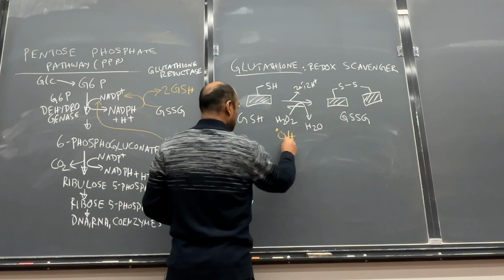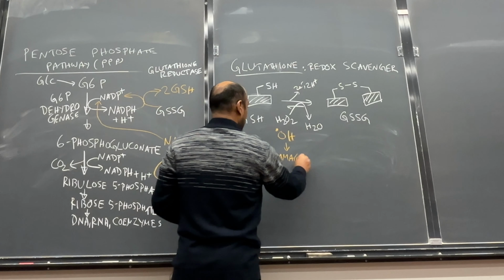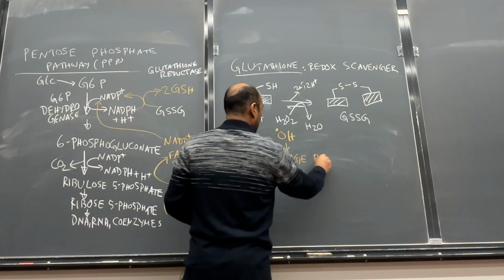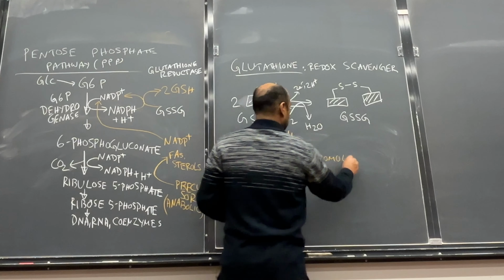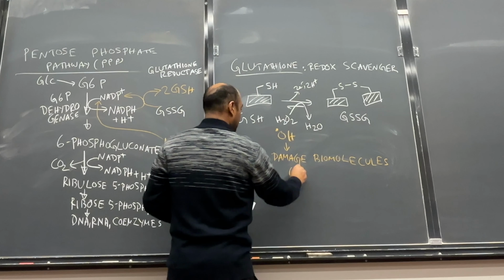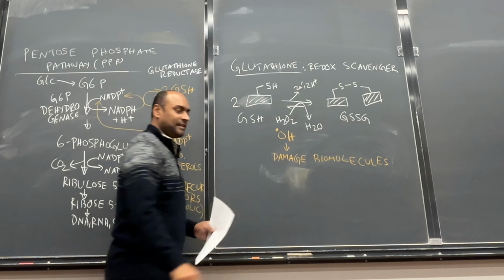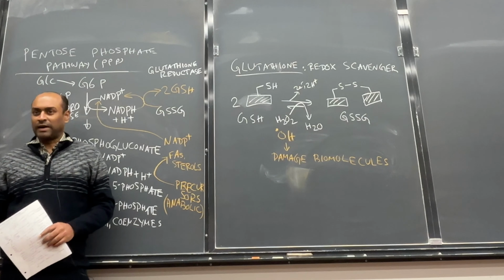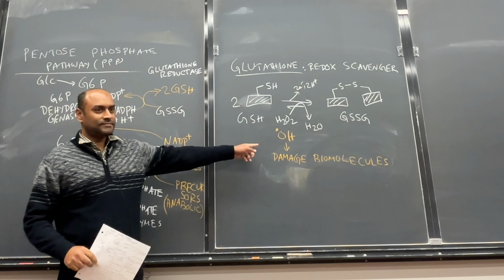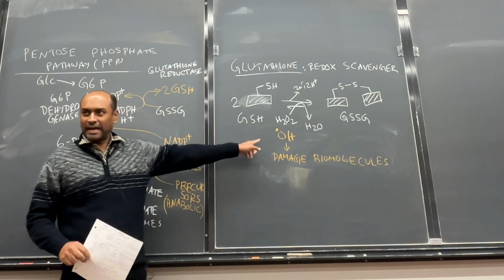And what they can do is they can damage your biomolecules. So DNA, RNA, everything, like I don't even have to write. Anything that comes in their path, they will oxidize, right? These are highly reactive radicals.